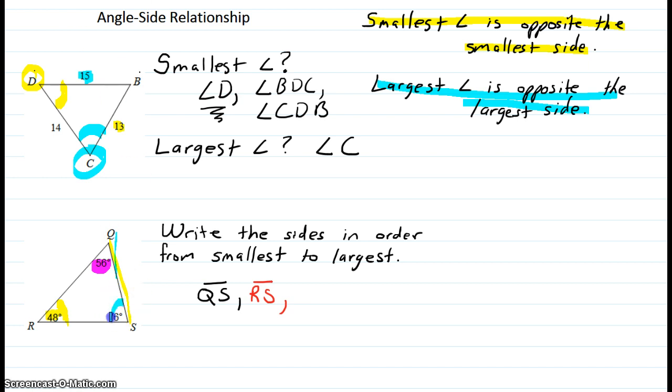This angle right here is our biggest number. As this angle opens, it makes this side QR. So segment QR.